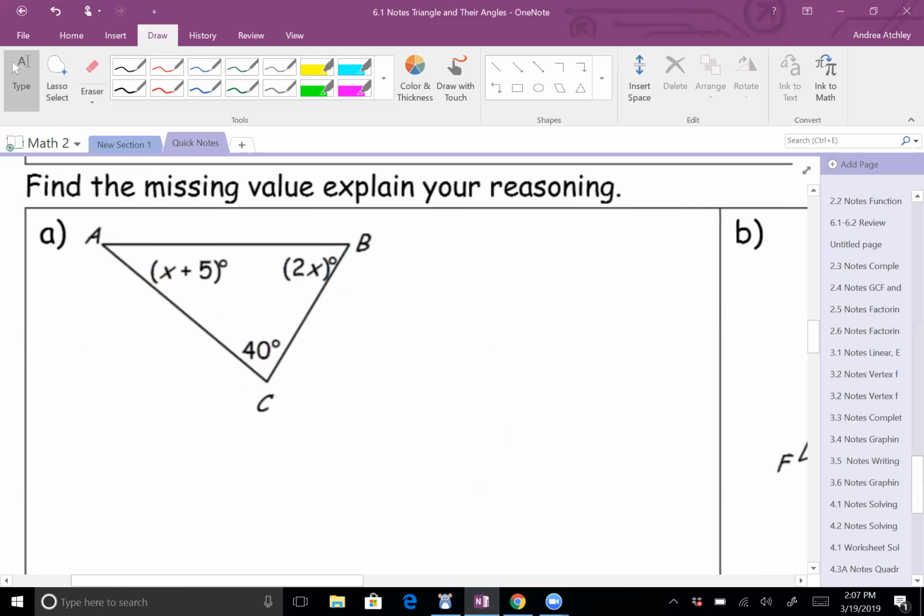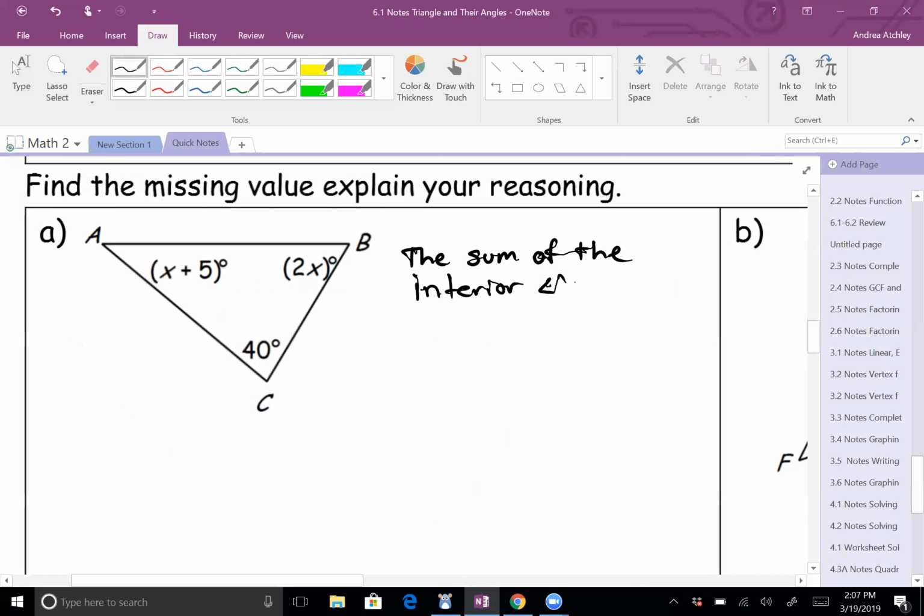Okay. So I'm going to write that down. The sum of the interior angles of a triangle is equal to 180 degrees.